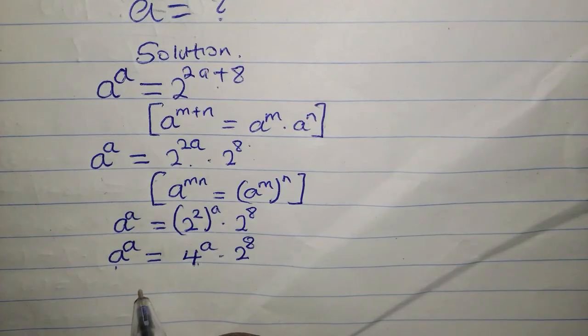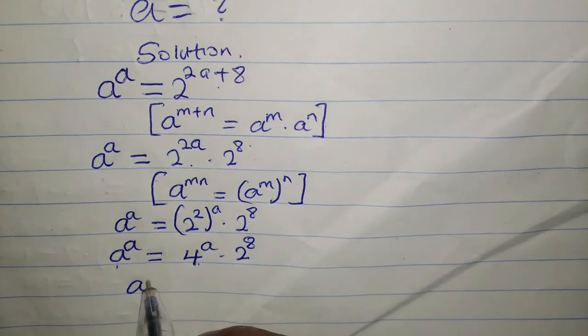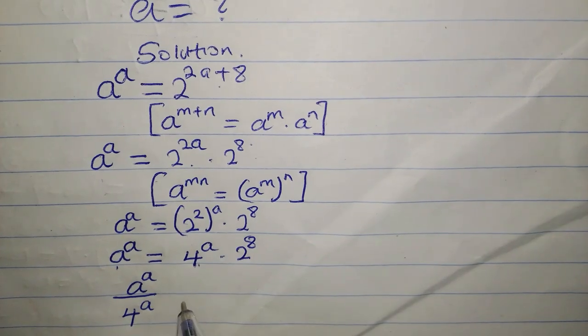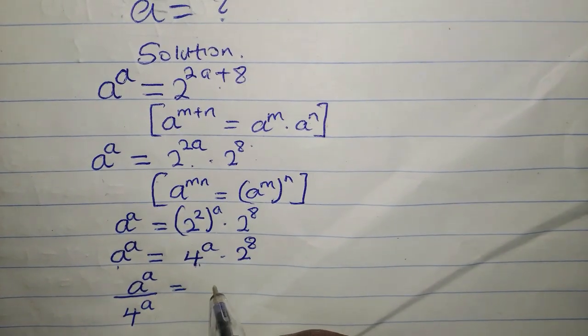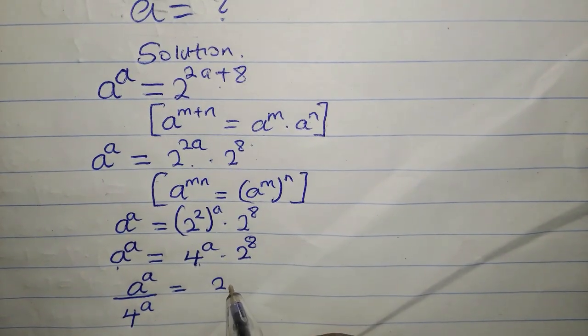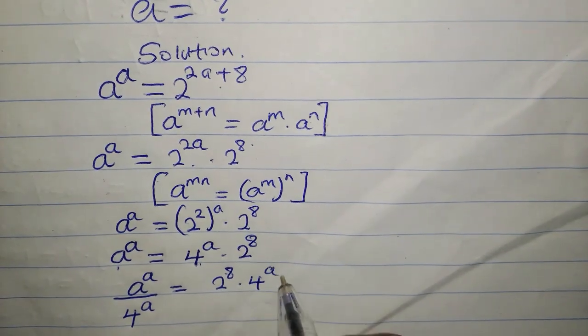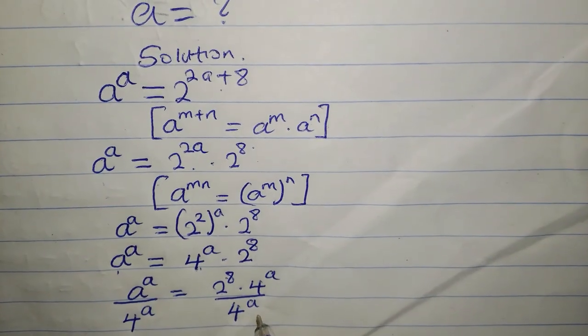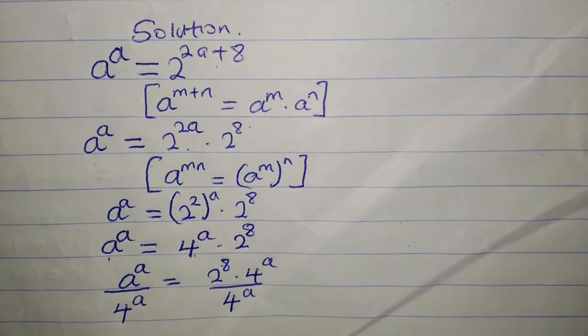We have a to the power of a divided by 4 to the power of a equals 2 to the power of 8 times 4 to the power of a over 4 to the power of a.